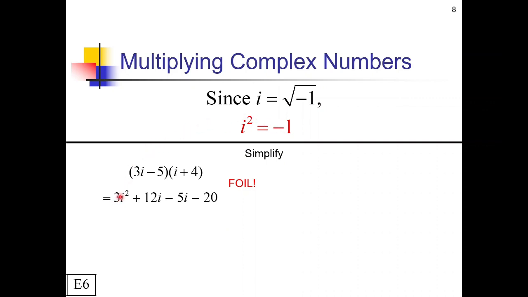So instead of writing 3I squared, I can write negative 3, because I have 3 times negative 1. And then I can just simplify the rest of this. So I have negative 3 minus 20. That's going to be negative 23. And then 12I minus 5I gives me 7I. So that's my final simplified answer for this.